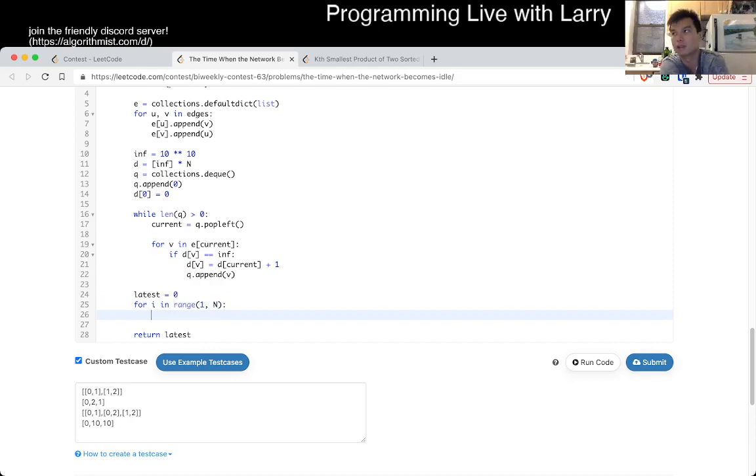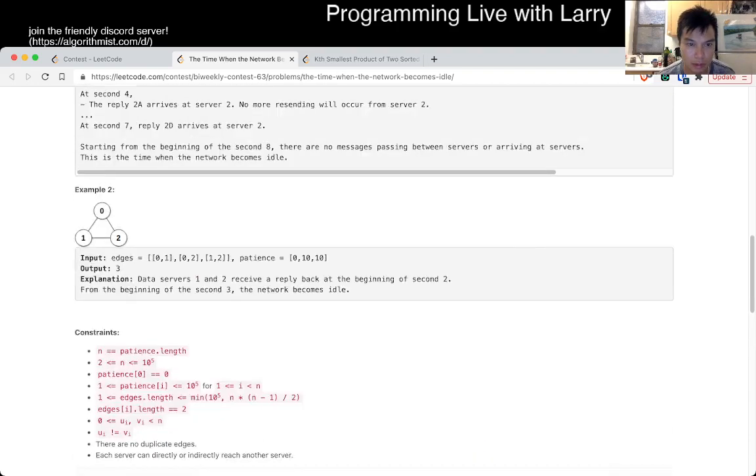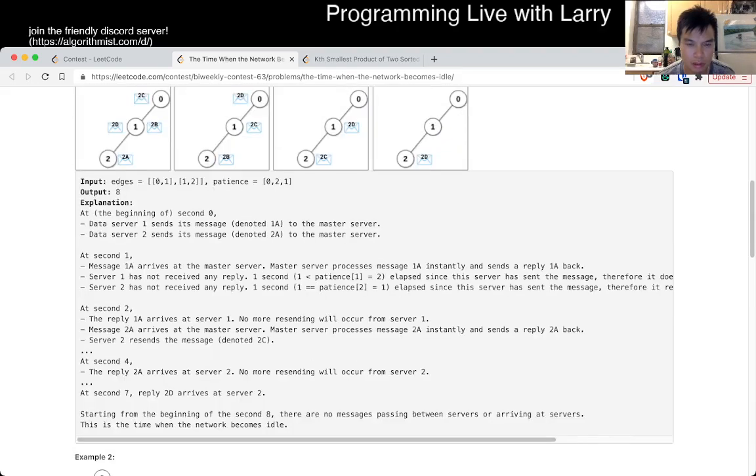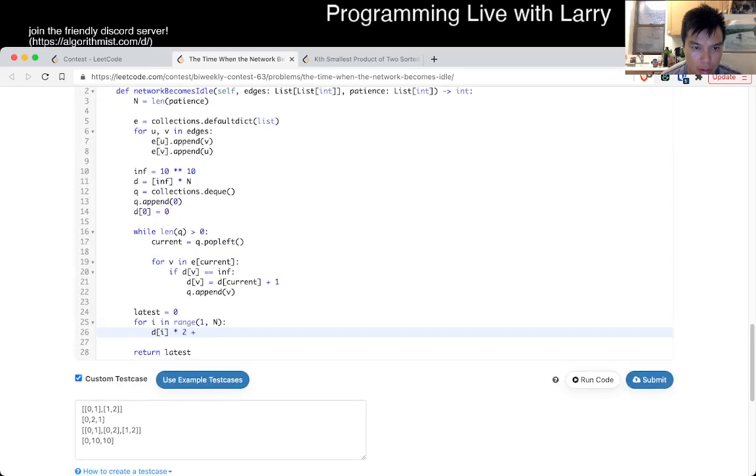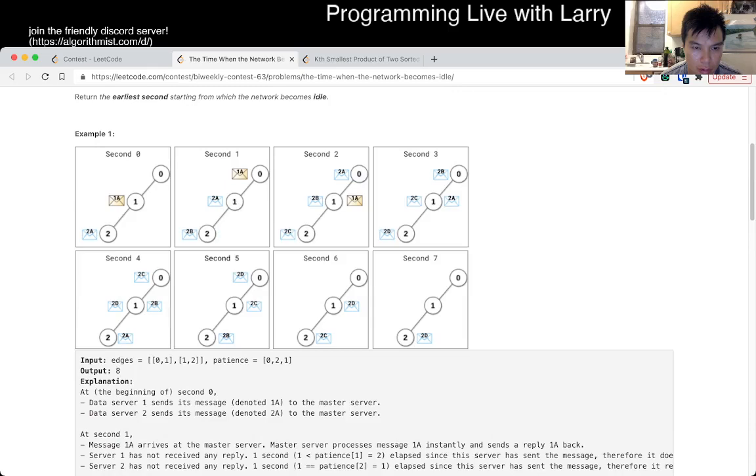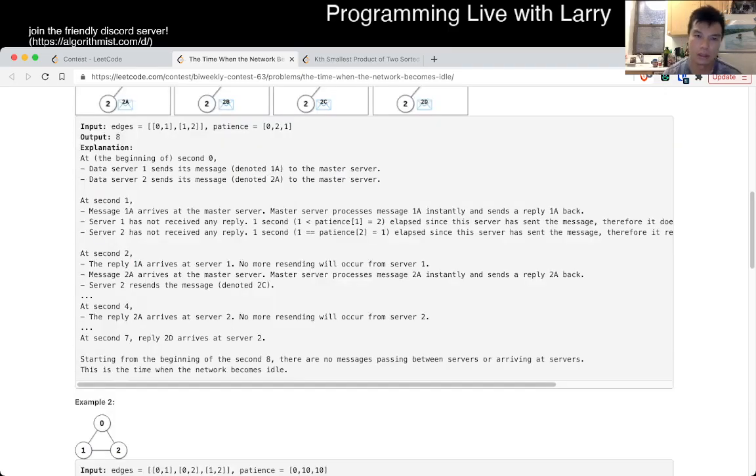So distance times 2 plus patience. This is 2 times 4 plus. So it sends a 3. So this is how. Okay.